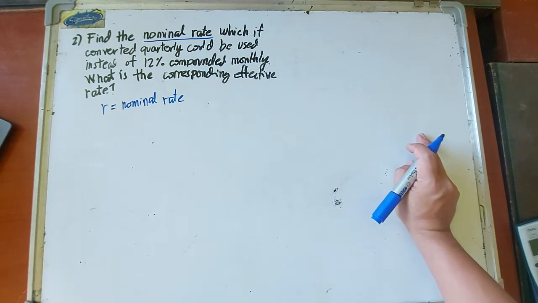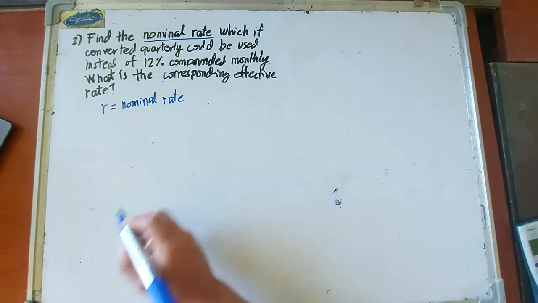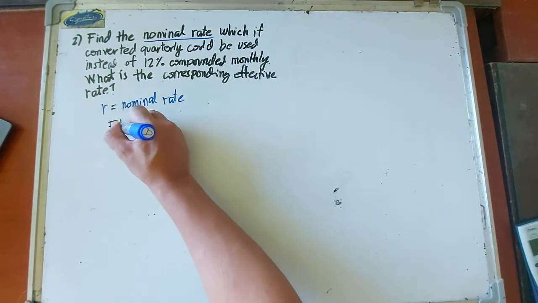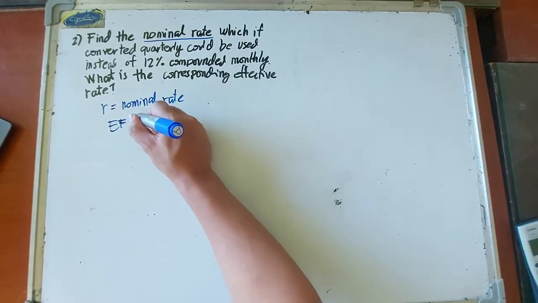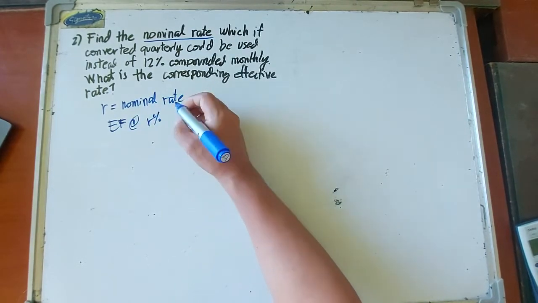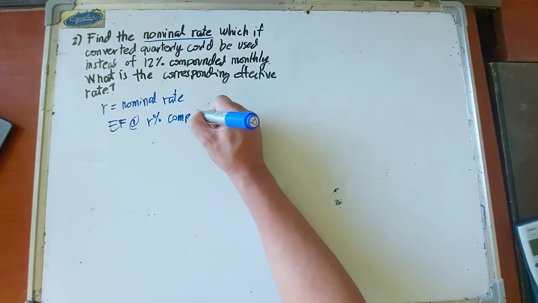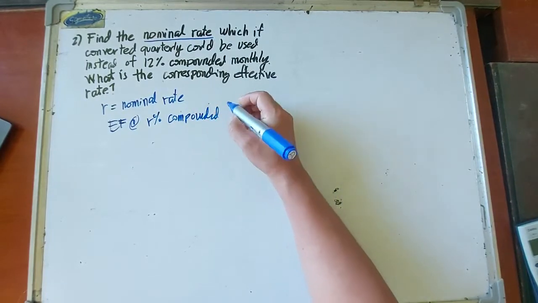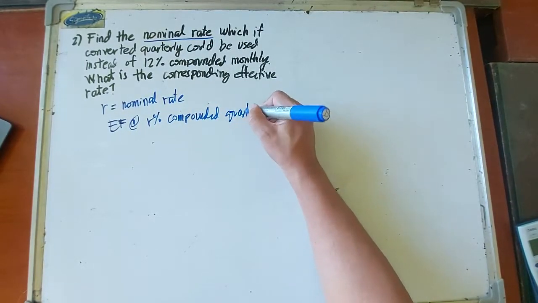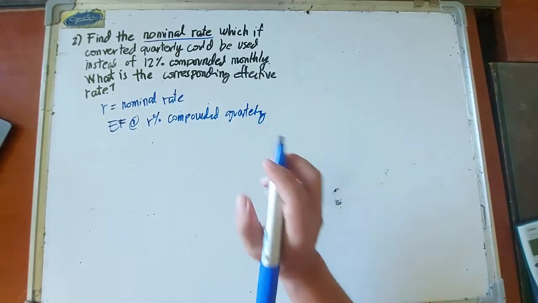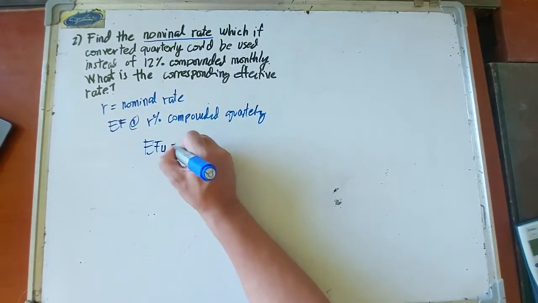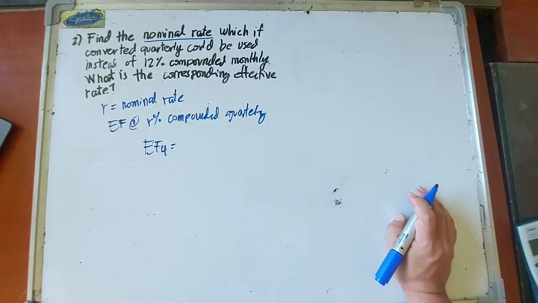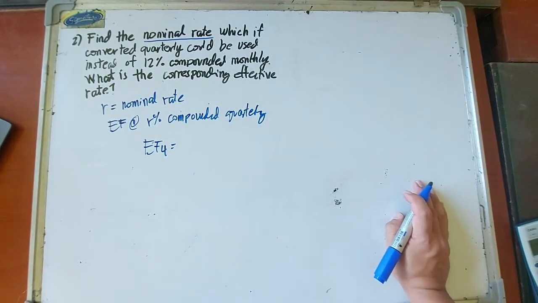So the effective rate, let's say EF, at R percent compounded quarterly is equal to, let's say EF sub 4. 4 indicates that it is compounded quarterly.